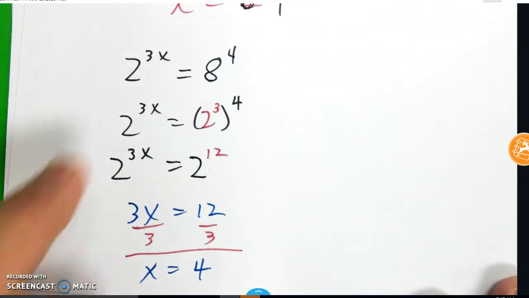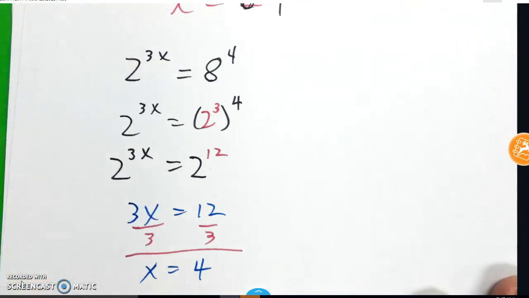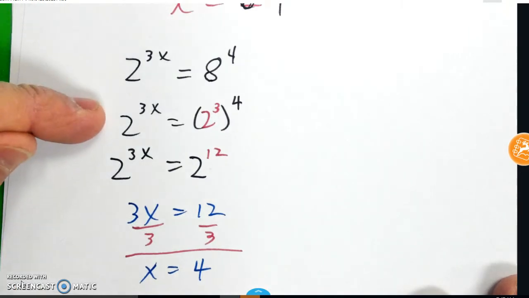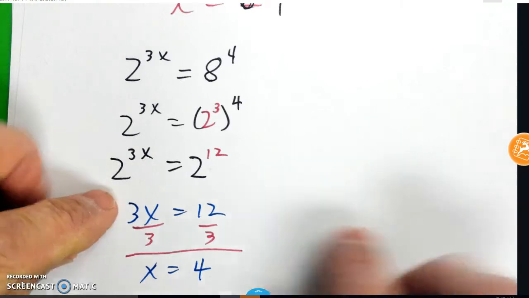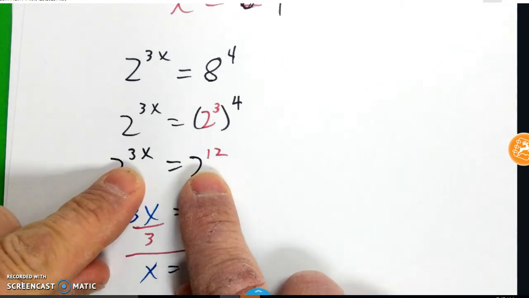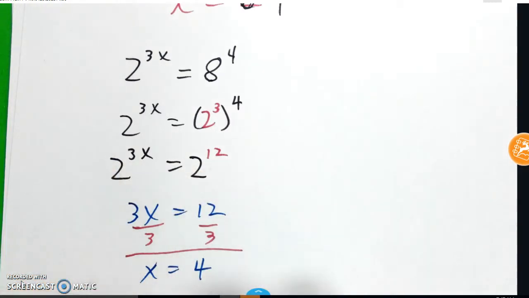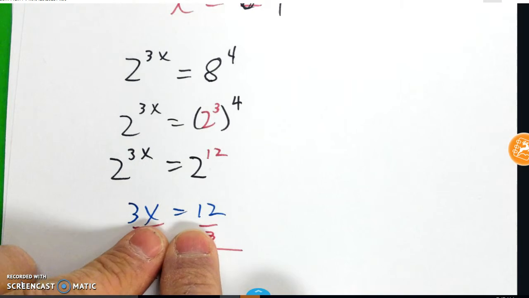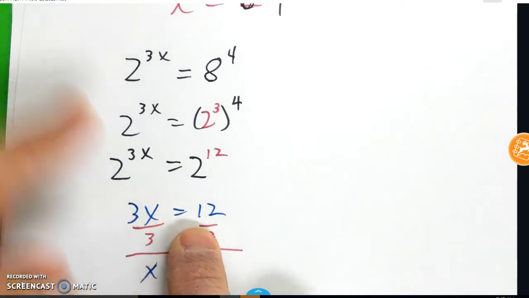The biggest problem is we have a variable in the exponent position. One way to get rid of that is to make a common base, and then once we have the common base, we say the bases are equal, therefore the exponents are equal. We can make a new equation with just the exponents, 3x equals 12. Solve that, and it's nice and easy.